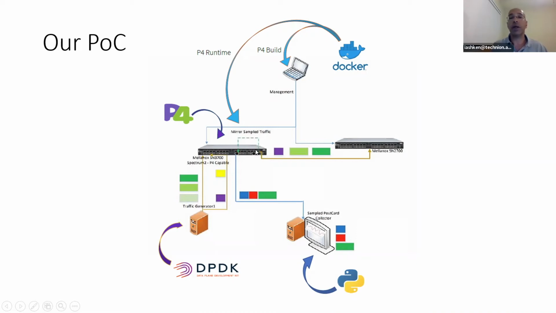It was sampling the traffic with the postcard telemetry that we added and sending it to the collector. Once we started congestion traffic on the traffic generator, we could get in the collector all the data that we needed in order to identify and troubleshoot what is causing the congestion, or at least the root cause of the congestion.